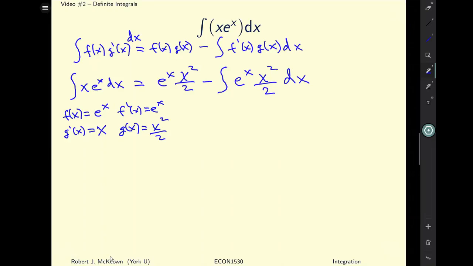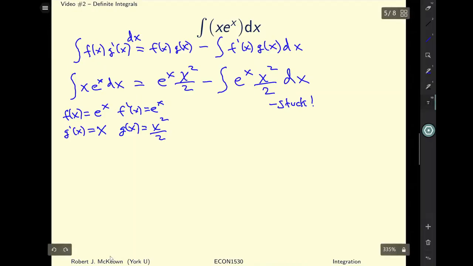Now, what am I going to do? Well, I'm totally stuck. I have no idea what the integral of e^x multiplied by x squared divided by 2 is. I don't have a rule to find the integral of this thing. I don't know how to do that.